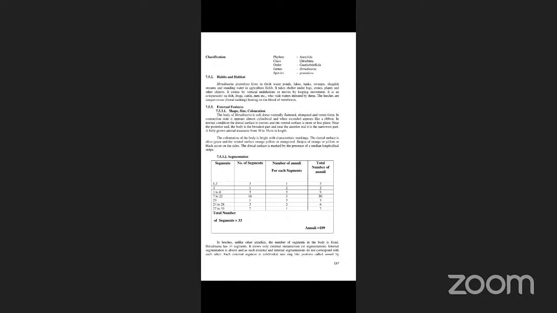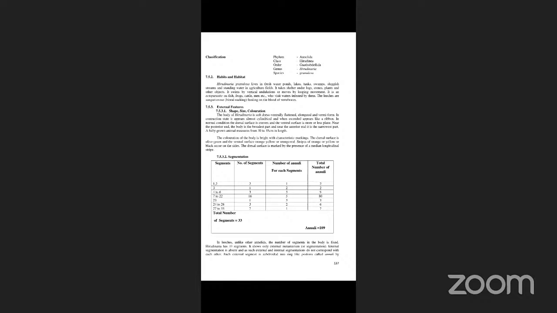Habitat: it lives in freshwater ponds, lakes, tanks, swamps, sluggish streams, and standing water in agricultural fields. It takes protection under logs, stones, and plants, and it can swim with a looping movement. It is an ectoparasite which lives on the surface of fish, frogs, cattle, and men.